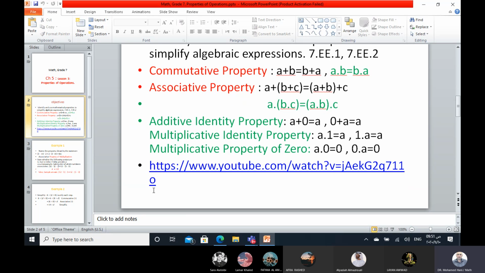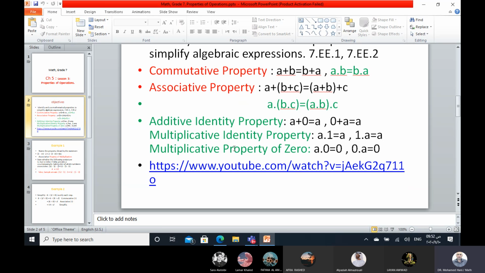Now we have additive identity property: A plus 0 equals A and 0 plus A equals A. Multiplicative identity property: A times 1 equals A and 1 times A equals A. Multiplicative property of 0: A times 0 equals 0 and 0 times A equals 0.